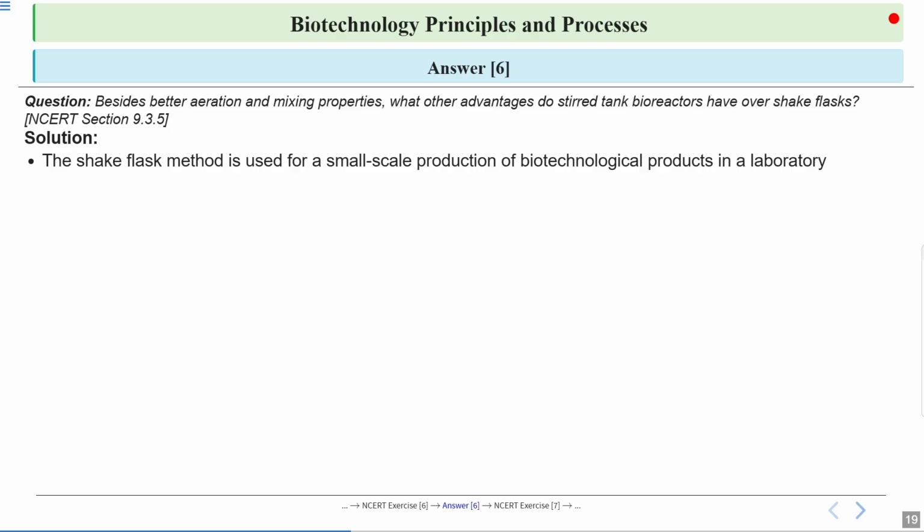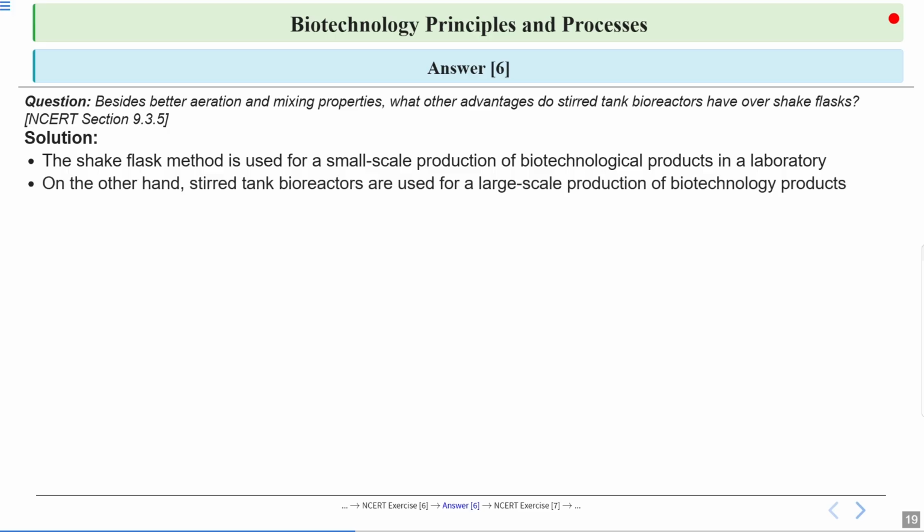You can see the diagram of this shake flask method later on. On the other hand, stirred tank bioreactors are used for large scale production of biotechnology products. So the laboratory test is already done, and when the test is passed and you know that by this procedure you can get the product at a larger scale, then you take it to the bioreactors, right? And there you produce the product based on biotechnology on a larger scale.